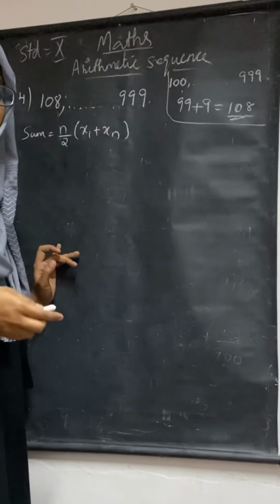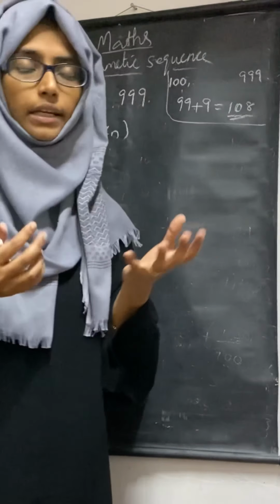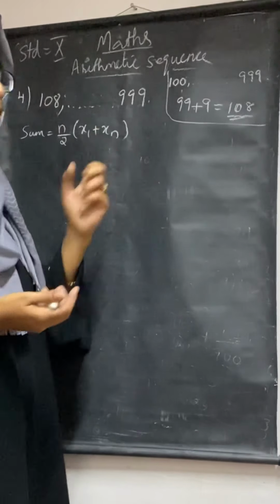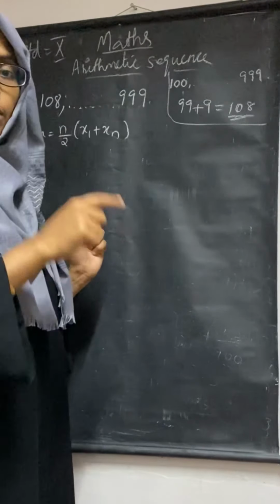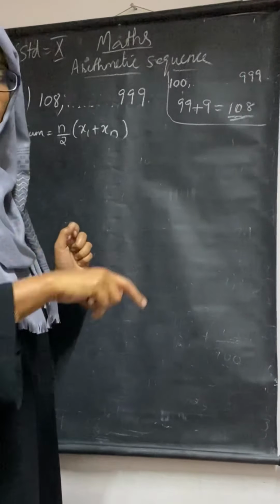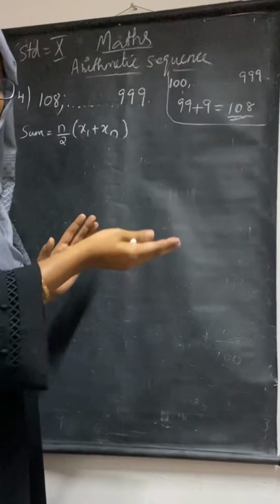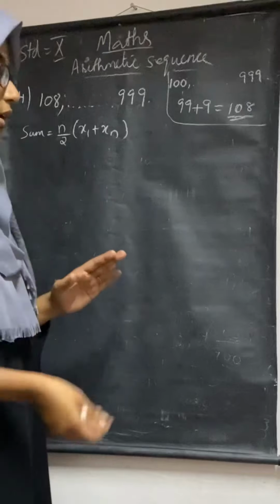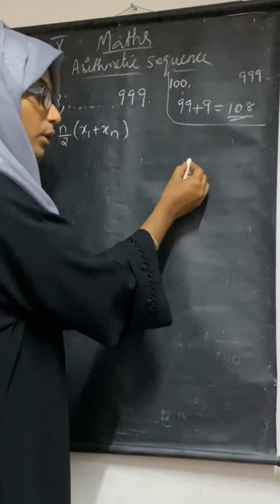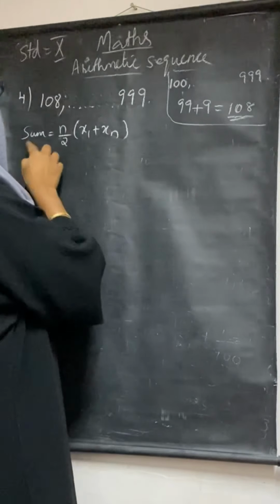You all remember that if a number is given, we check whether it is a term of that sequence or not. We did the formula: check number minus the first number by the common difference. If it is divisible, it is a term. If it is not divisible, it is not a term. That formula only we use, but with slight changes here.